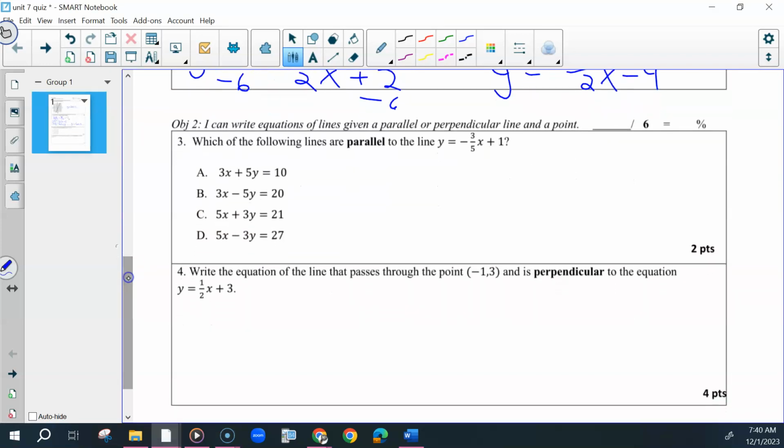For number 3, you had to find which of these equations was parallel. So you could have done the work for all of these. Let's say you went out of order, started at D, then C, then B, then A. Process of elimination, you could have done 3 of the sets of work.